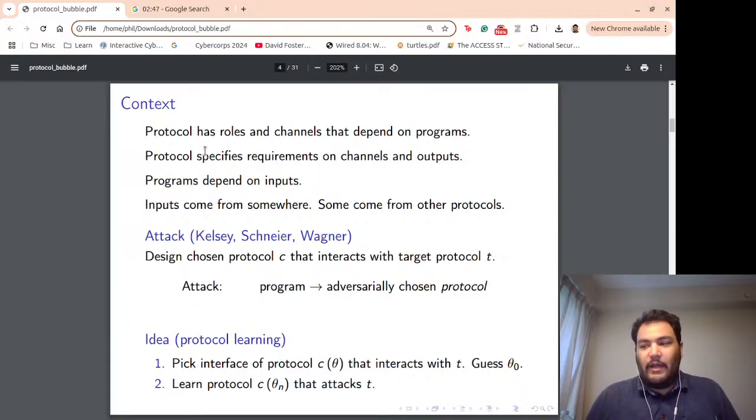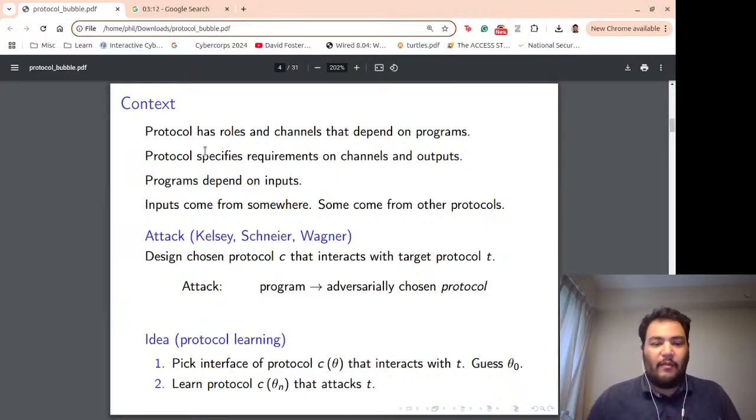And when you leave things not explicitly specified by the protocol, then this is an attack surface that opens up opportunities for other protocols to design inputs adversarially.